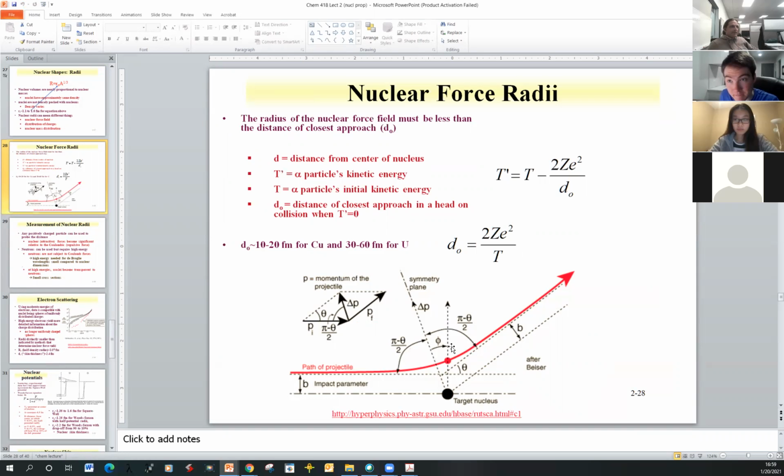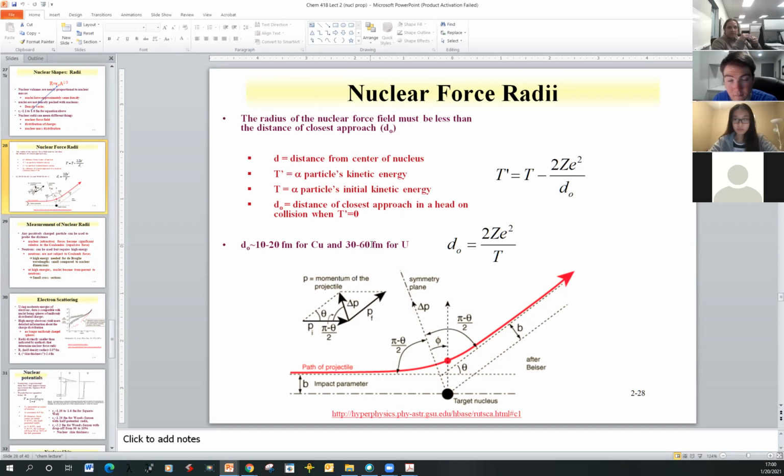And from this equation, I can deduce the area of closest impact. And this is also why, for copper, if I have a copper nucleus, I get between 10 and 20 femtometers. For uranium, it's between 30 and 60. It also depends upon the energy of the particle, right?